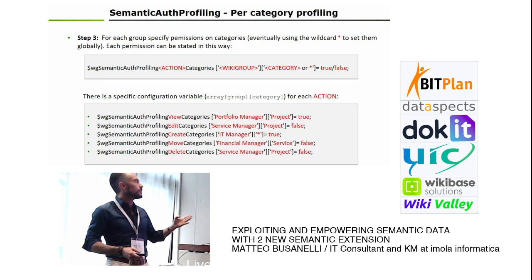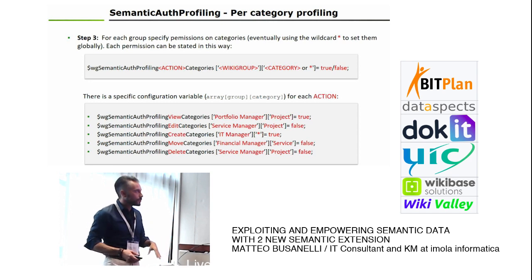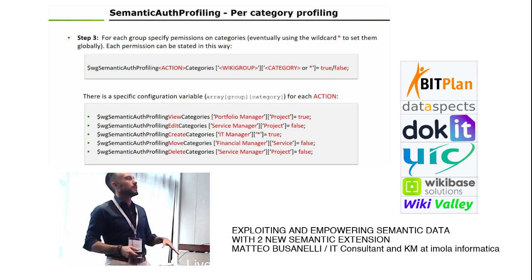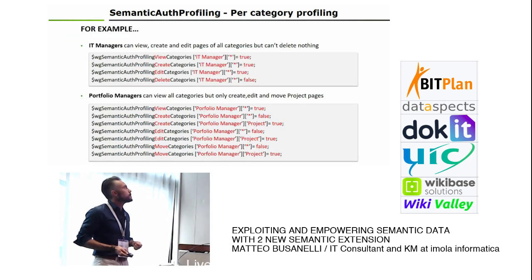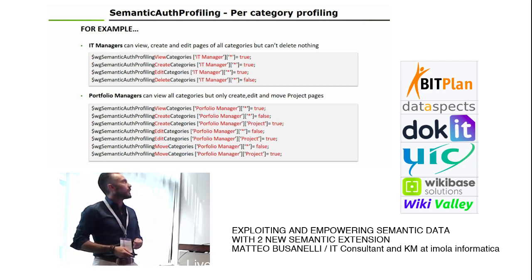You can see for edit, you can say semantic health profiling edit categories for group service manager on category project false, so they can't edit projects. It's really simple. This is just a real example that we used on our client.